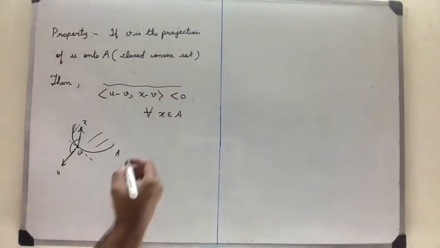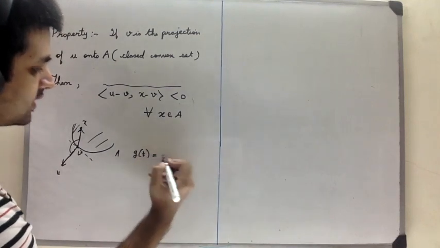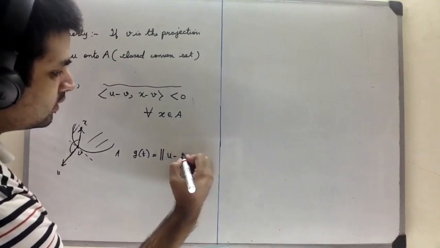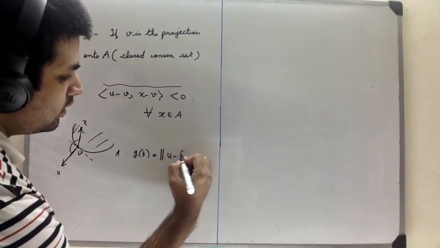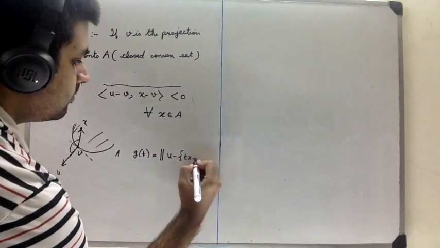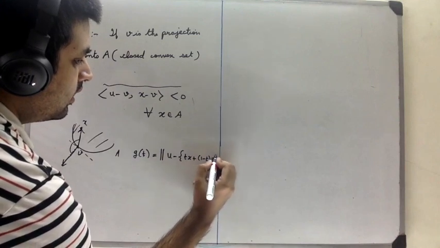We'll prove this in the following way. Consider this function g of t, which is mod u minus (tx plus (1 minus t) v).